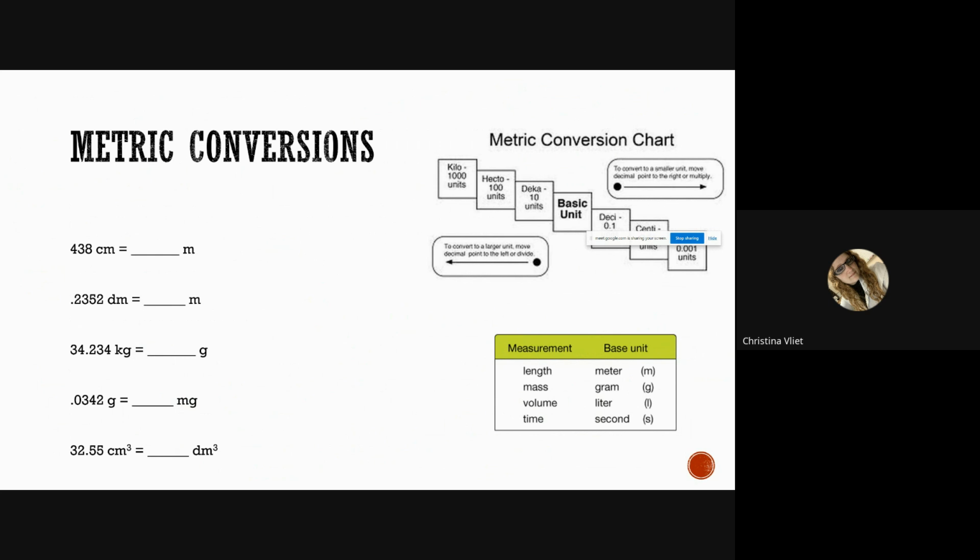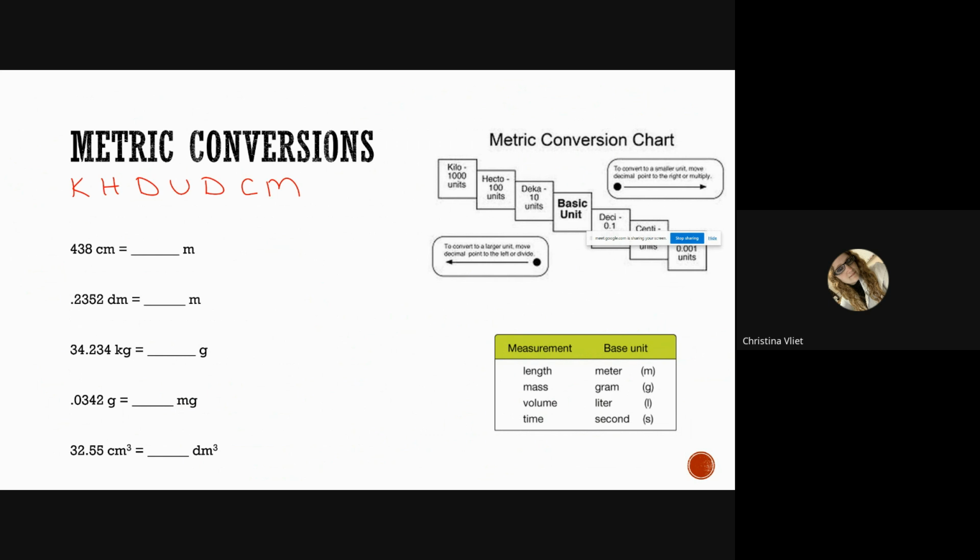The acronym that should have been taught to you sometime in middle school most likely, and if you took the class with me, I taught it, was King Henry died unusually drinking chocolate milk, poor King Henry. And so in order to convert between different units in the metric system, you should write this down, because all you have to do is move your decimal to the left or to the right.